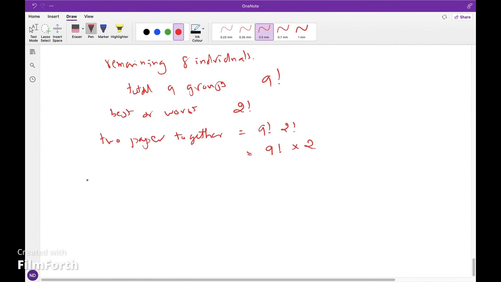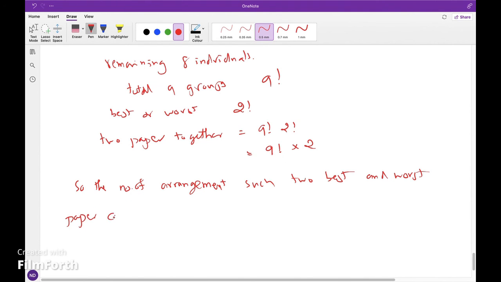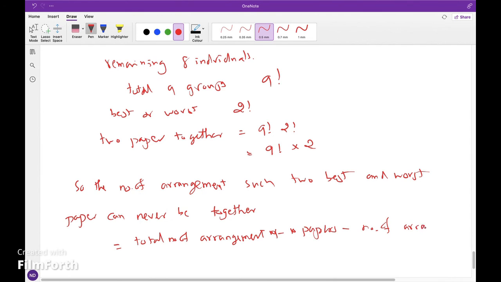So the number of arrangements such that the 2 best and worst papers can never be together is equal to total number of arrangements of 10 papers minus number of arrangements of best and worst papers together.